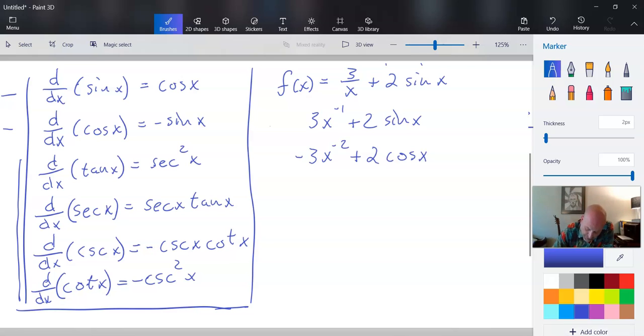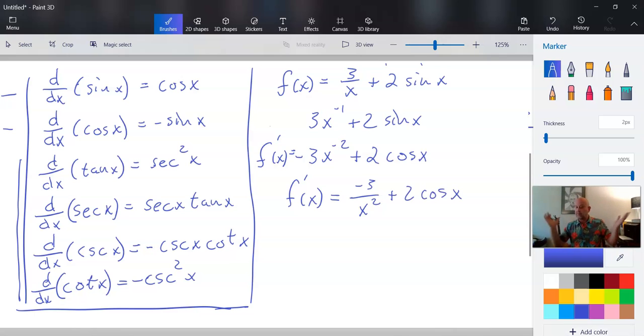So f prime of x is equal to negative 3 over x squared plus 2 cosine x, right? That's it. That's the whole thing.